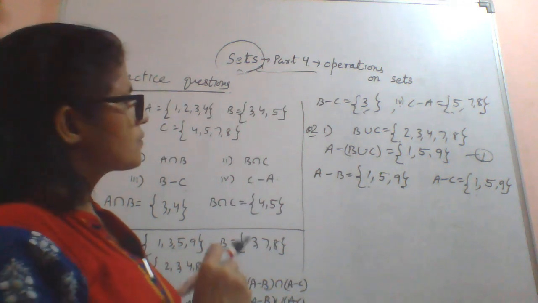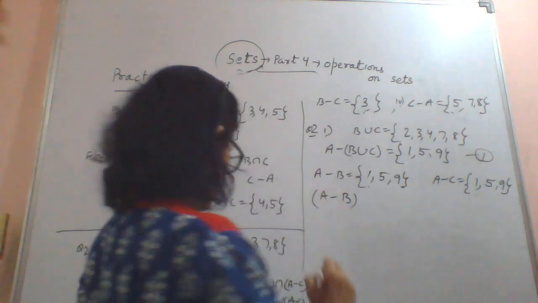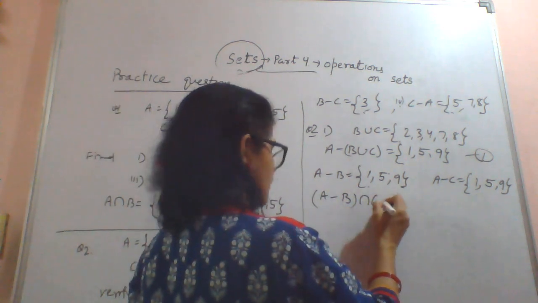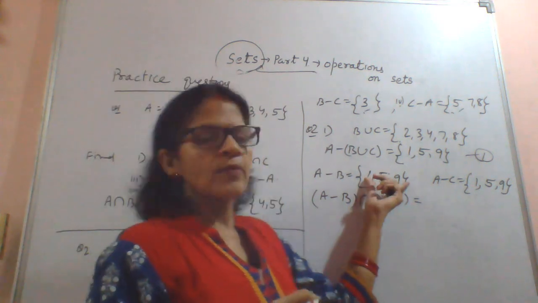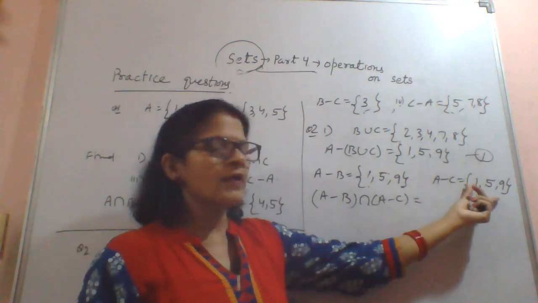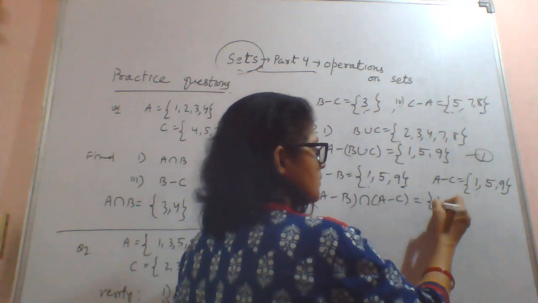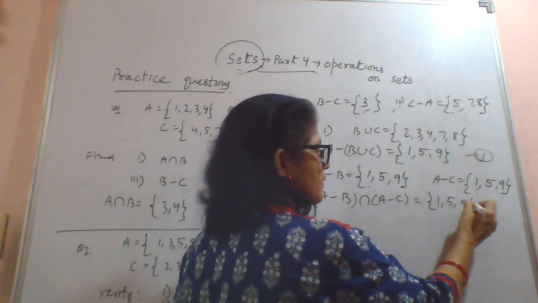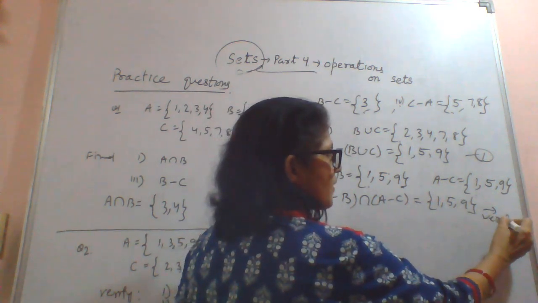Okay, so now you take (A difference B) intersection (A difference C). So here you see 1, 5, 9, here 1, 5, 9. So the intersection contains 1, 5, 9. Okay, so it means it is verified.